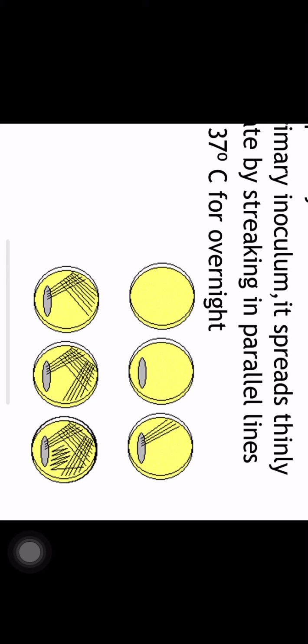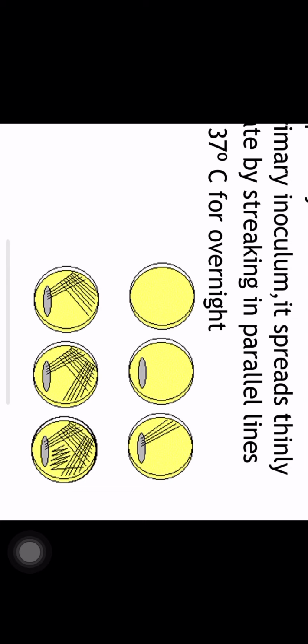After every step, means after the well we do one set of streaks, then after every step we sterilize the loop again in the Bunsen burner, and then we use it for doing further streaks, so that the number of organisms keeps reducing after every step.